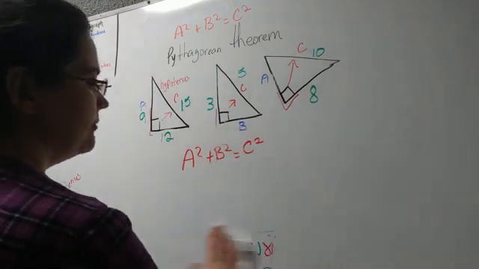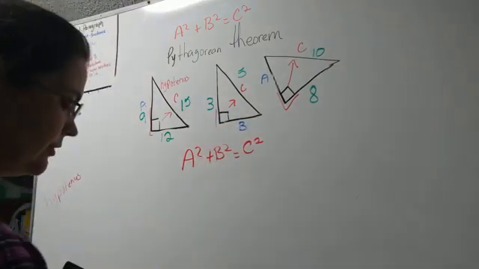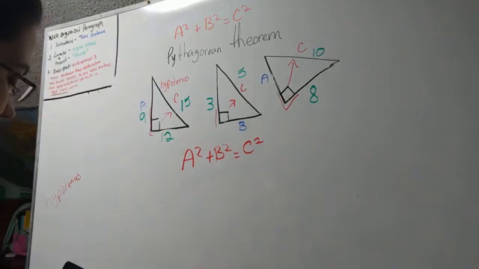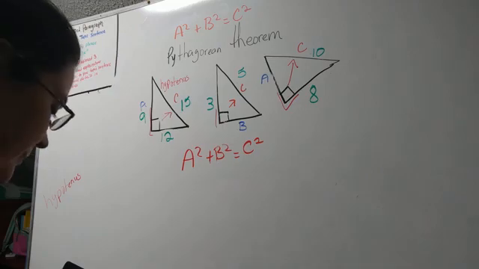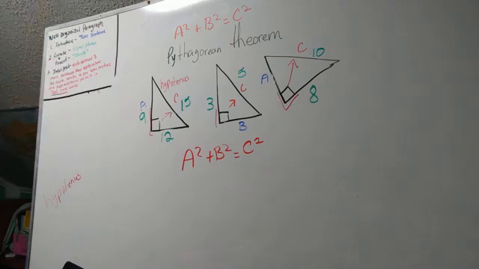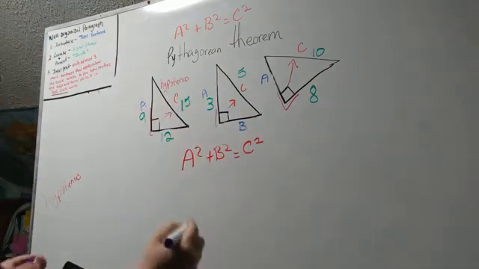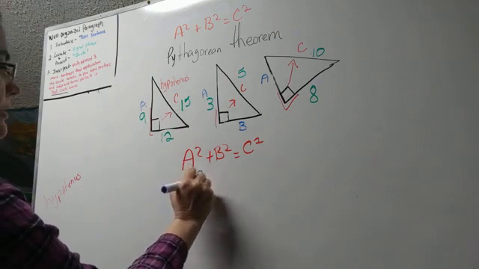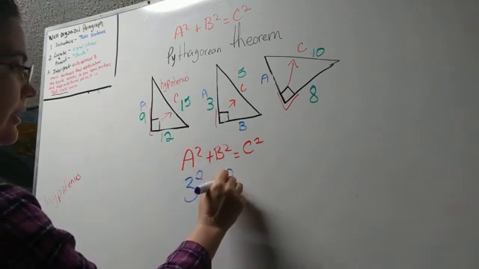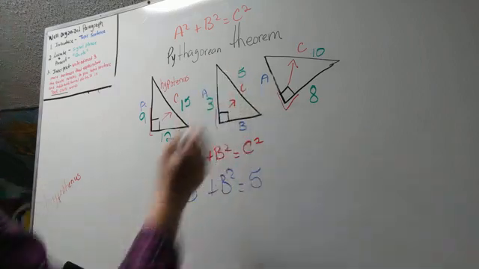And again, feel free to pause the video and see if you can work it on your own, so that way you can see if you're actually picking this up well. Okay, so this time I know a, so I've got 3 squared plus b squared equals 5 squared, because I know what that one is.